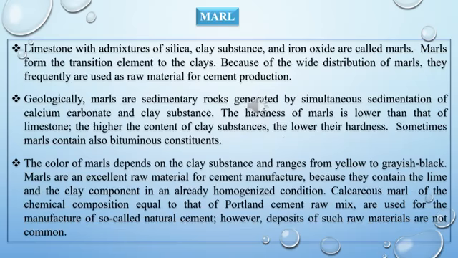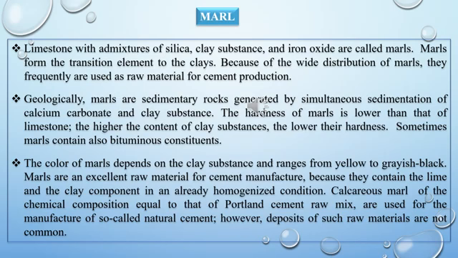So students, the last topic of today is marl. Limestone with an admixture of silica, clay substance and iron oxide is called marl. Marls form the transition elements to the clays. Because of the wide distribution of marl, it is frequently used as a raw material of cement production.